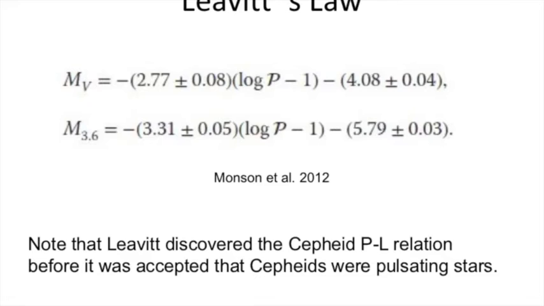This period luminosity relation for Cepheids, of course, is going to become the key to using Cepheid variable stars as distance indicators. And that period luminosity relation for Cepheids is now often called Leavitt's law, after Henrietta Leavitt. And here are two versions for type 1 classical Cepheids, a recent one in the visual and one in the infrared.